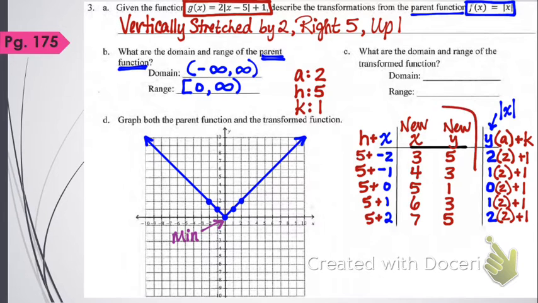Let's go plot these points now. 3, 5, so right here. 4, 3, 5, 1, 6, 3, and 7, 5. Do you guys see that V shape taking place there? Grab your straight edge and draw through those points for me.